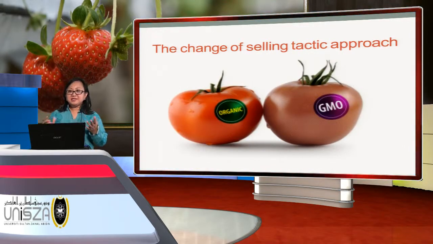The buzzword of agribusiness now is organic. We go organic. So definitely, if I ask you which tomato you want, I'm very sure that you will go for the organic tomato. Consumers' awareness of food safety today drives producers to switch to organic planted products.